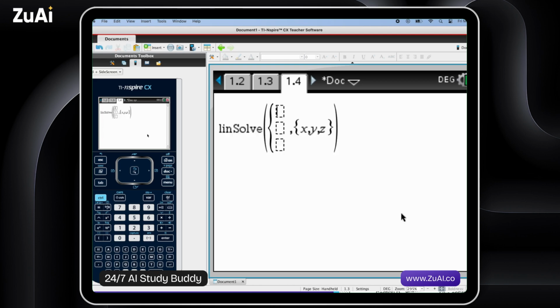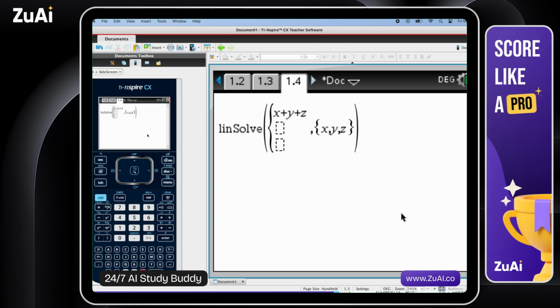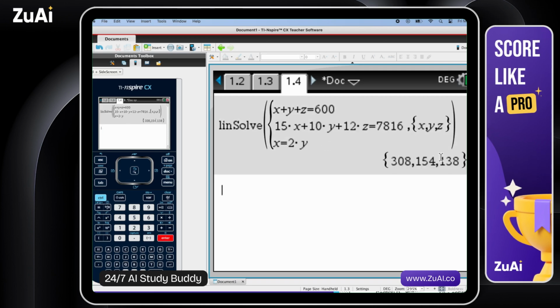And now after that, we'll put our values in our equations. We know that x plus y plus z is equal to 600. We know that 15x plus 10y plus 12z is equal to 7,816. And the last one, we know that x is equal to 2y. Number of adult tickets is equal to 2 times number of child tickets. Let's go ahead and work this out.